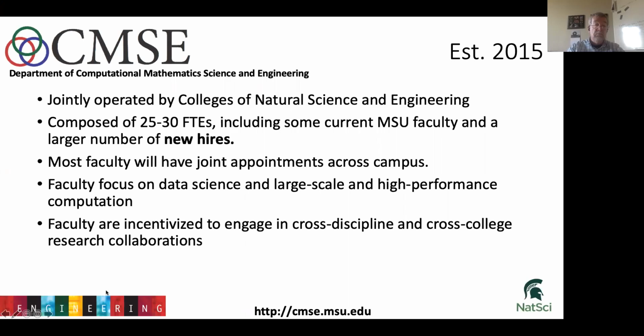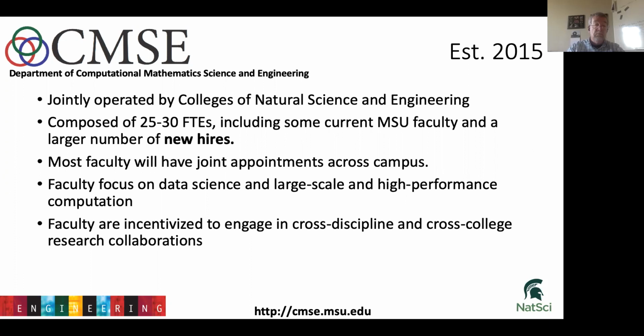So let me tell you a little bit about our department. We're a new department. We were formed in 2015 as a kind of mesh between the College of Natural Science and the College of Engineering. We're kind of in both colleges, and we're computational math, science, and engineering, so we're everything. We currently have on the order of 32 faculty in the department, and so we've had a rapid growth rate.